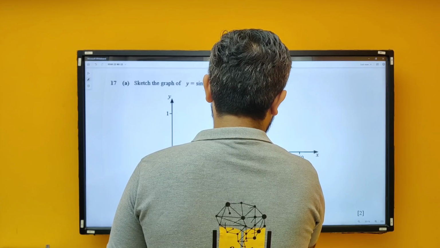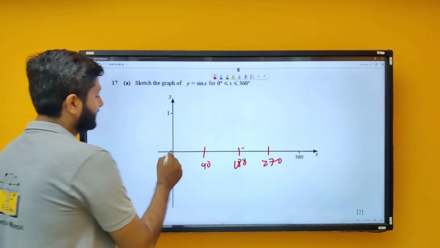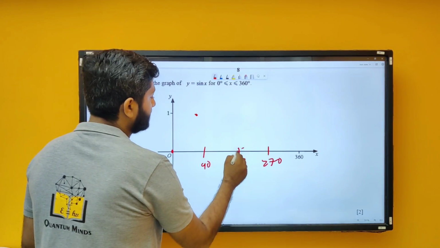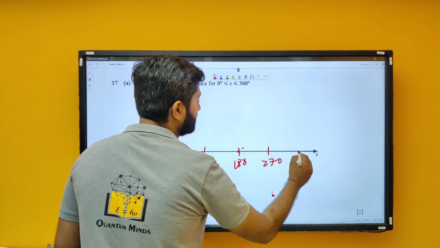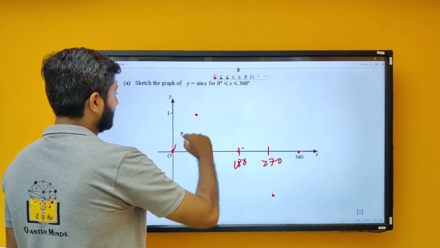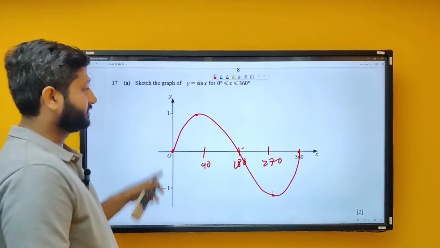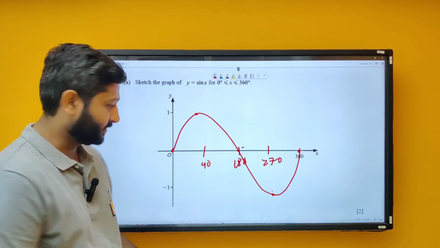This is 270. Now let me draw this. Sine 0 is 0, sine 90 is 1, sine 180 is 0, sine 270 is minus 1, and sine 360 is again 0. So the graph is going to look like this. This is the curve of sine. It is maximum at 1 and minimum at minus 1.